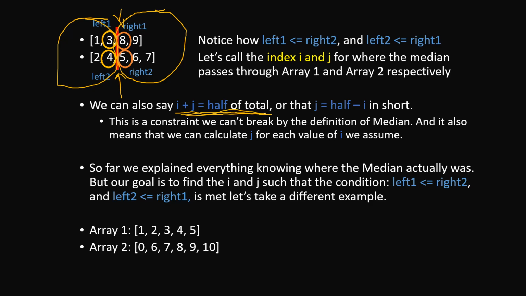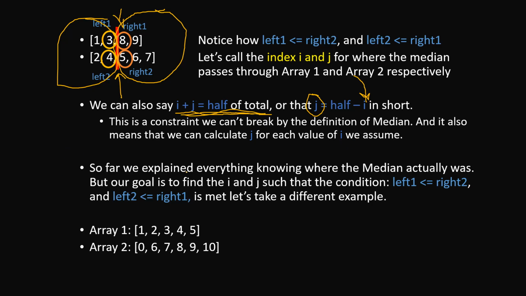We need to keep this in mind. So j is calculated every time we assume a new value of i. This constraint we cannot break by the definition of median, and it also means we can calculate j for every value of i we assume.